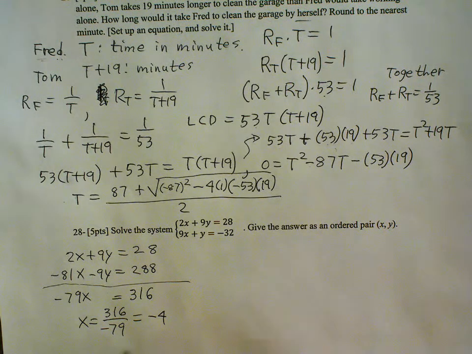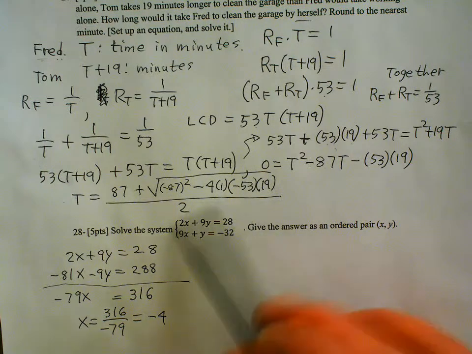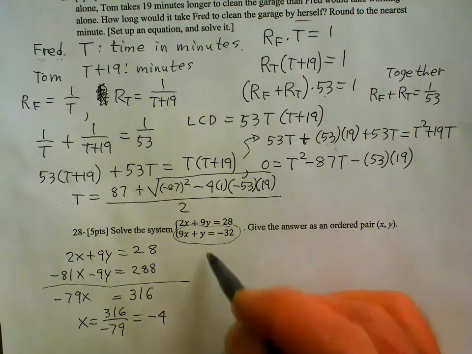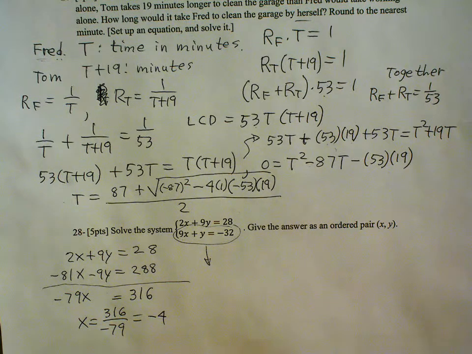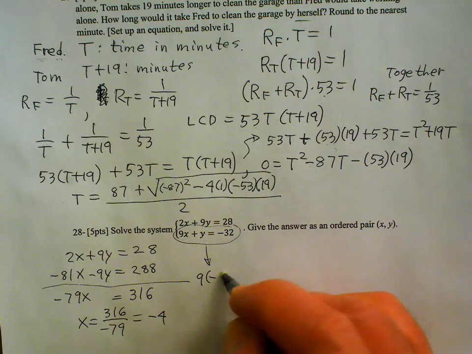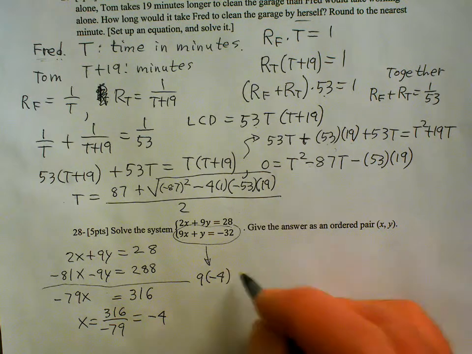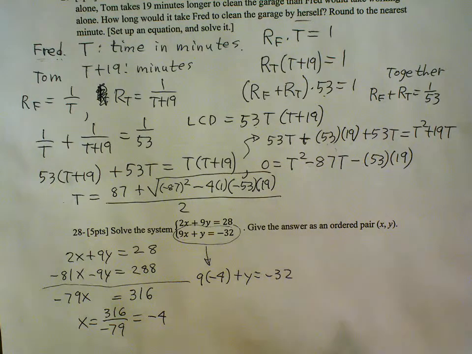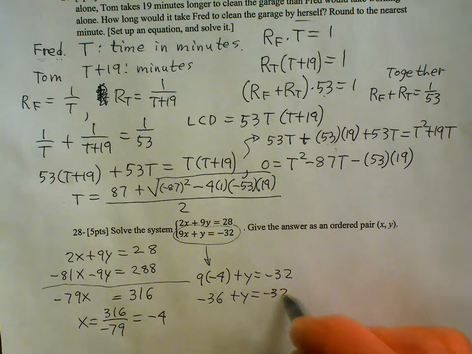And then we need to find the y-coordinate. So we can use any one of the equations, but I'll use the bottom equation in the system and replace x with negative 4. So 9 times negative 4 plus y equals negative 32. Or negative 36 plus y equals negative 32.